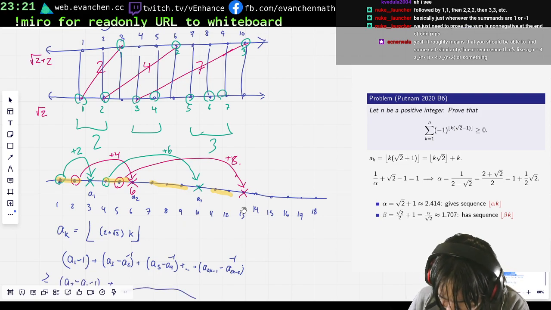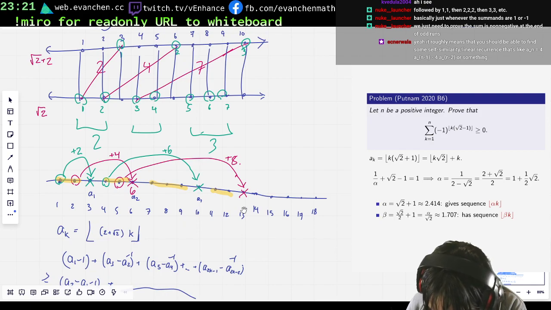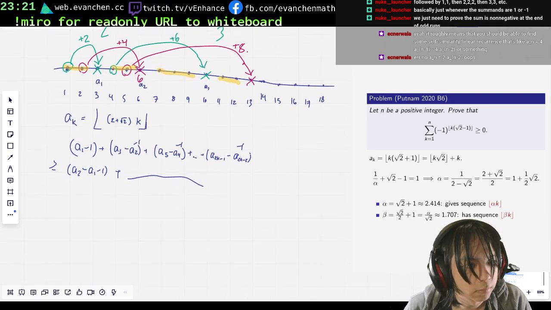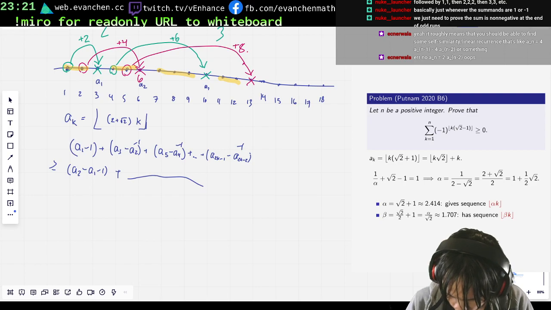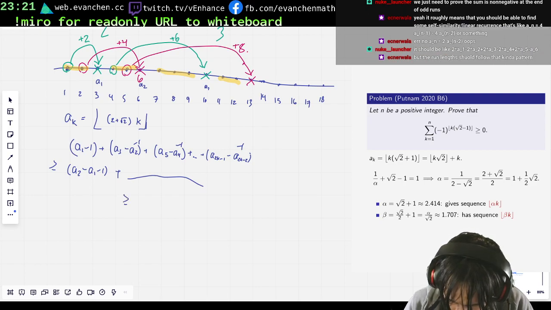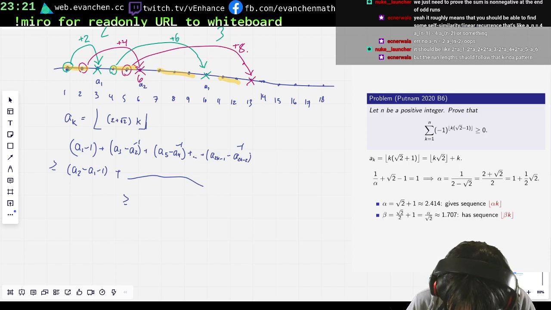Okay, so fine. Things happen, and this is the same as saying, so I kill off all the minus ones, and it's like A1 plus A3 plus, divide out the 2.